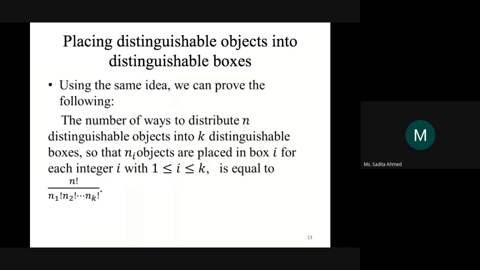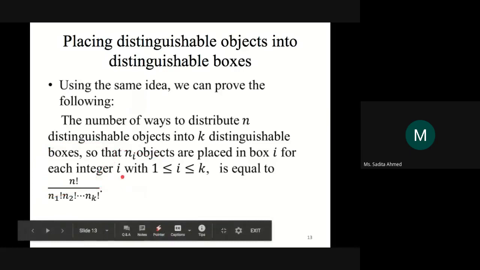All right. So if you have n distinguishable objects which would be distributed among k distinguishable boxes such that there are n1 objects in the first box, n2 in the second box, n3 in the third box, n4 in the fourth box, and so on until nk objects in the kth box, in that case, we can say that the total number of ways to distribute the n distinguishable objects into k distinguishable boxes in this way is going to be this.